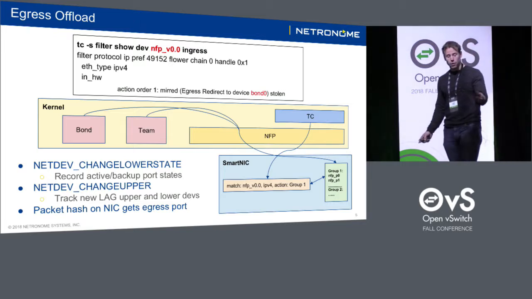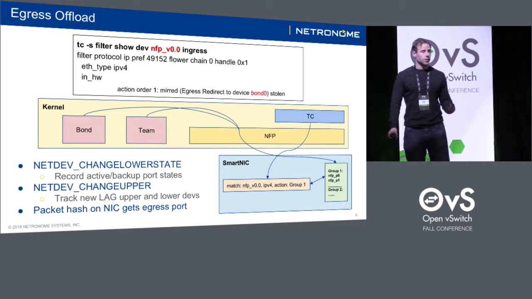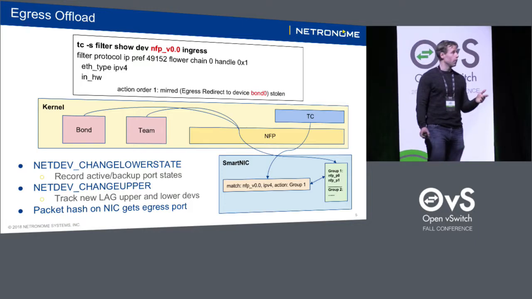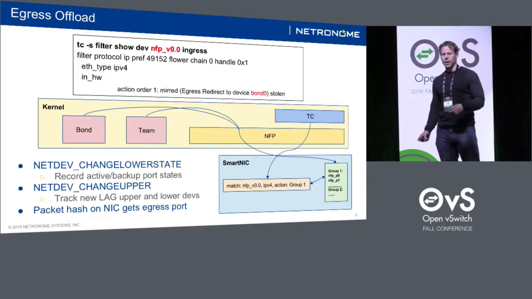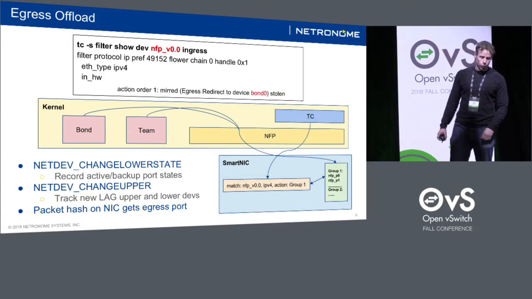If we then see a TC flower rule like the above, that is egressing to, in this example, bond 0, we do a lookup, we find that we have a group ID associated with this bond, and we offload the group ID as an action to the given rule.